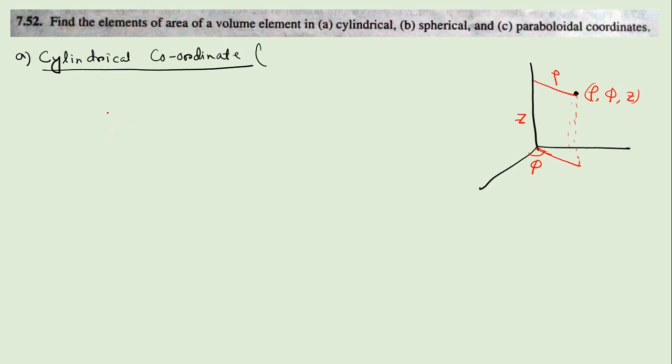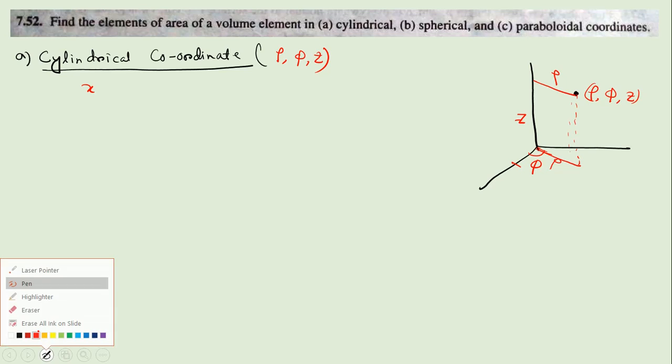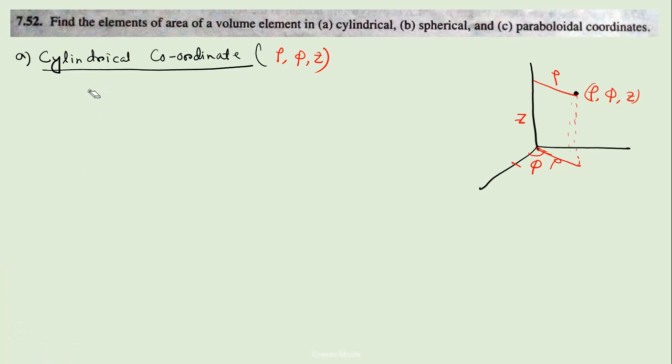Clear? And the equation will be, x will be rho cos phi, y will be rho sin phi, and z will be z, right?